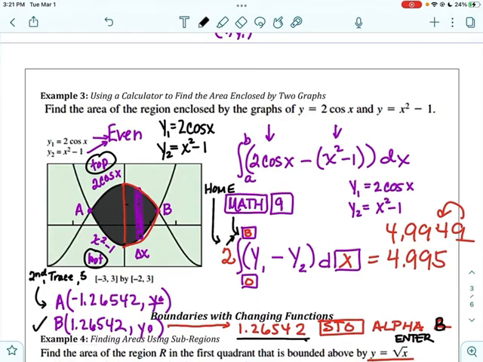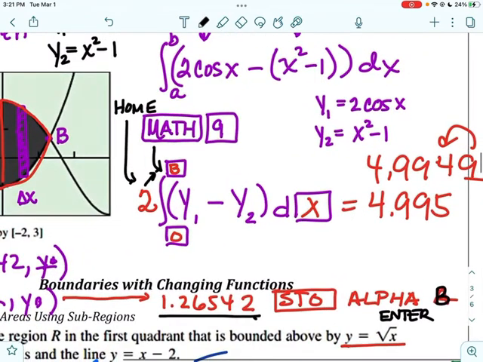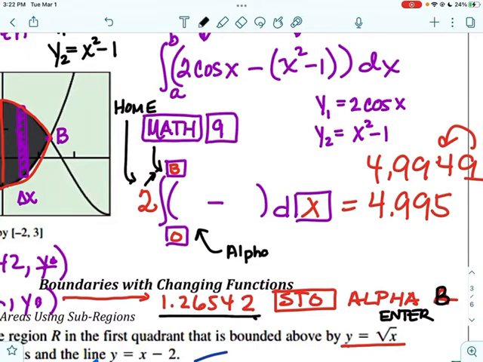So I'm going to go from 0 to b, and then I want to type in y1 minus y2. Recall that the way you type this in, you've already done Math 9, you're on your home screen, and these aren't in there yet. To get them, you hit alpha, trace, 1, and you get the y1.